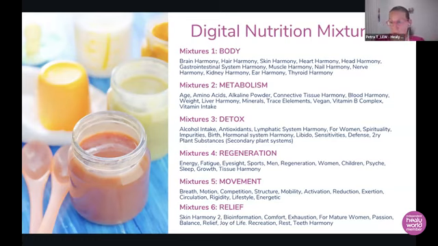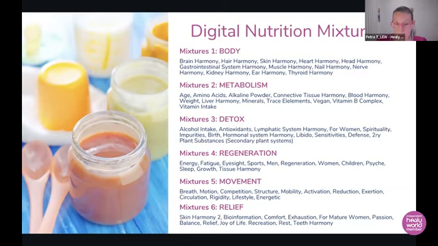Children is literally for the brain growth, the muscle growth, the cell growth for children when they're growing up. Psyche is all about the mood and the brain and heart connection, and the cell regeneration. Then we have sleep, which is all about the melatonin, serotonin hormone connections for sleep and anxiety and stress.